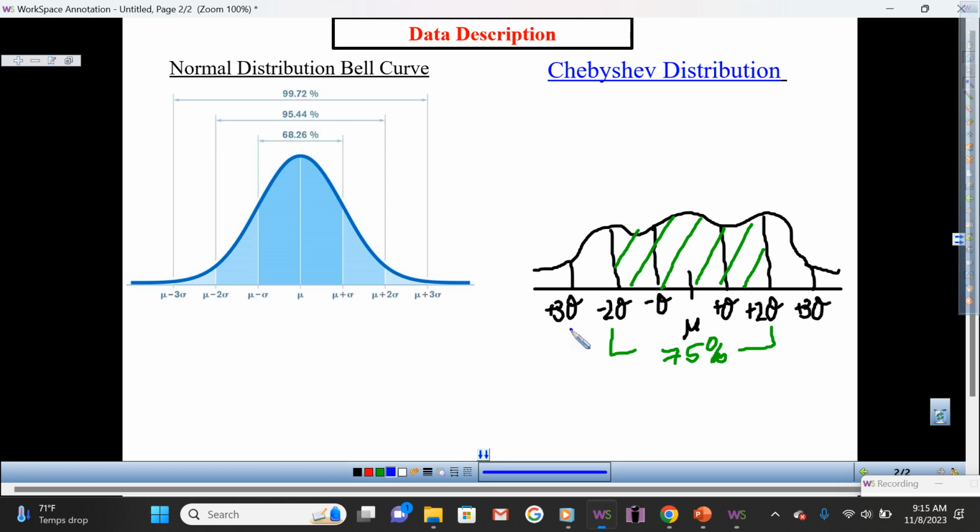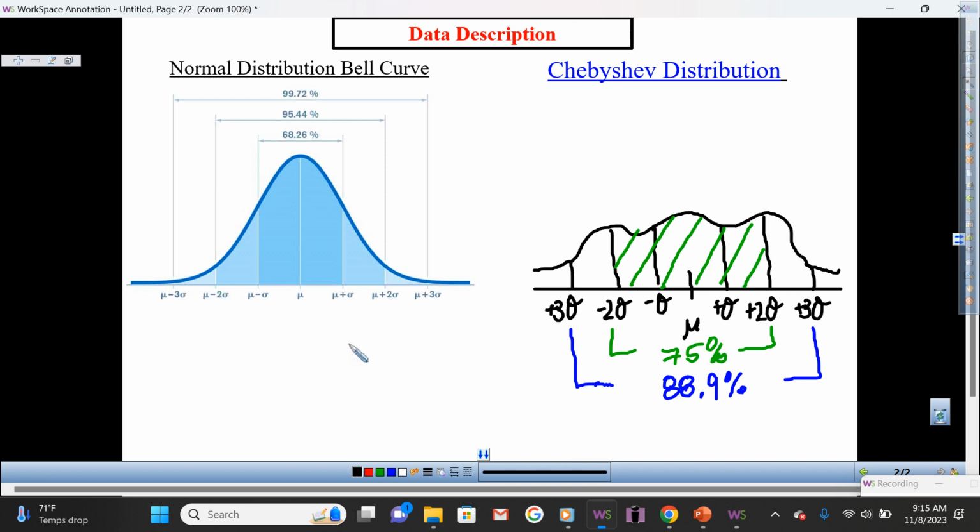And then he said that the third standard deviation, the total should be 88.9%, or 88.89%. And you're like, how did he come up with that, Mr. Q? Well, let me show you.